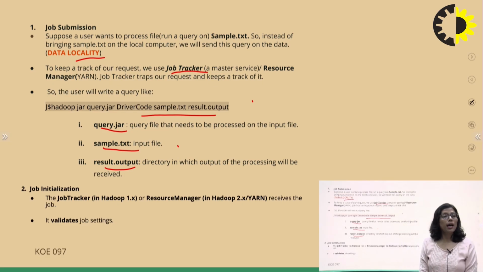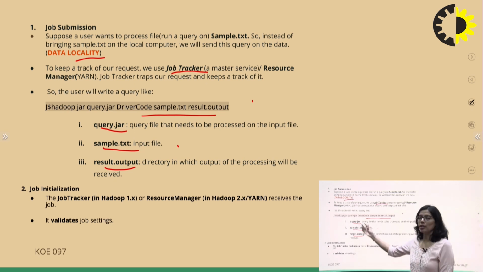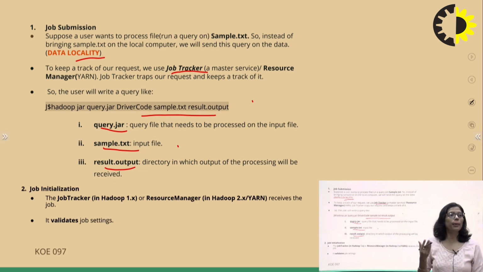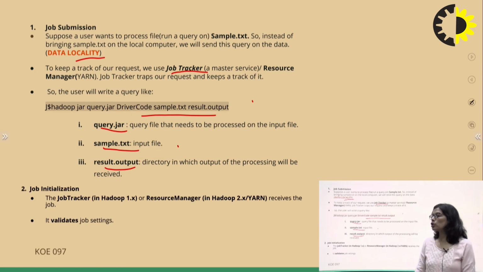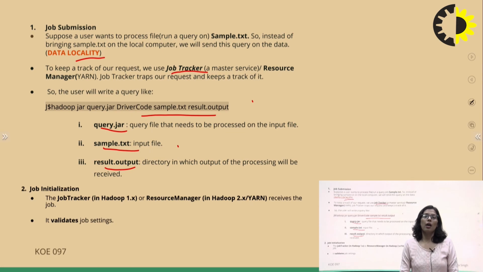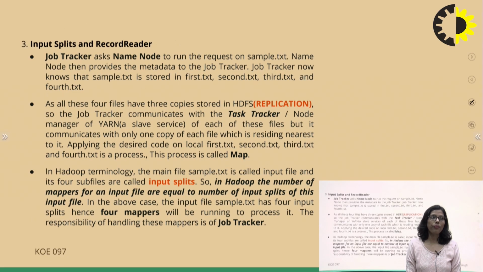Next task is job initialization. Now, this was job submission; I have submitted my job. In job initialization, the job tracker or resource manager will receive the job and validate the job settings. Next, as you all know, we are dividing the data across various nodes.